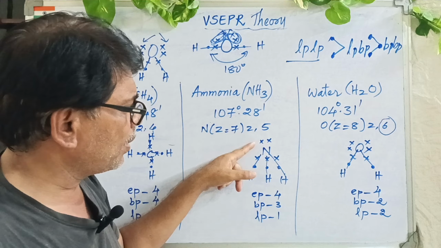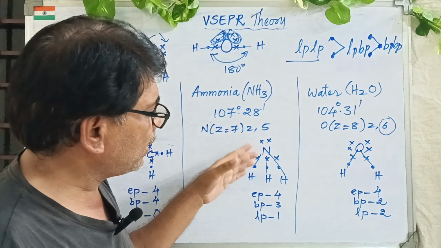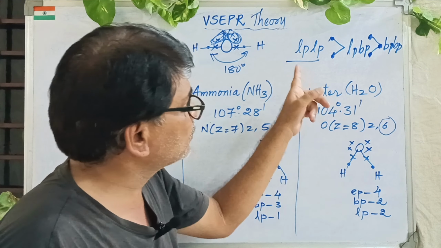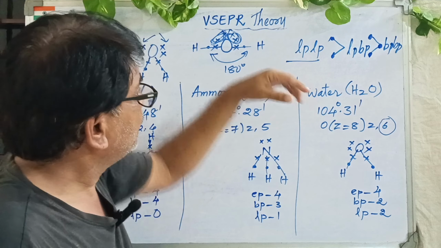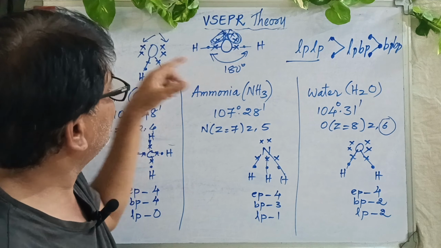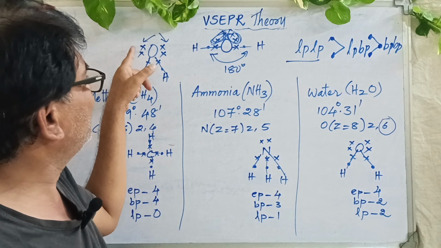Here you have one lone pair. Right. Therefore, it has an angle more than water. Why? Because in water there are two lone pairs. Lone pair repulsion is more. Right? Instead of staying here, these two come here because they don't want to see each other's faces. Just imagine like that. There is a fight between these two. Why?